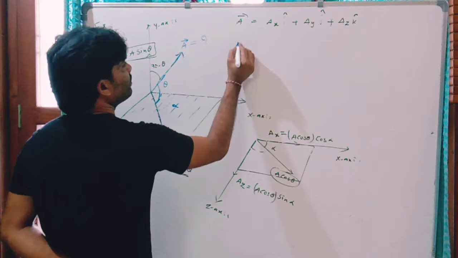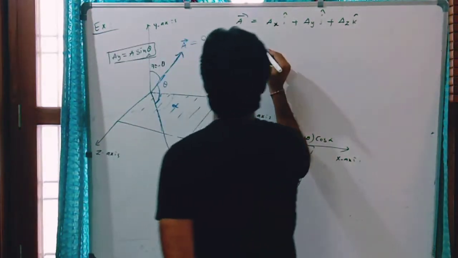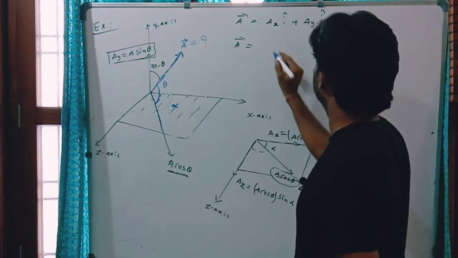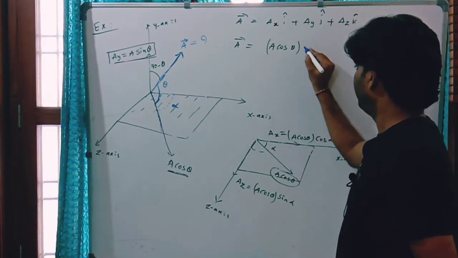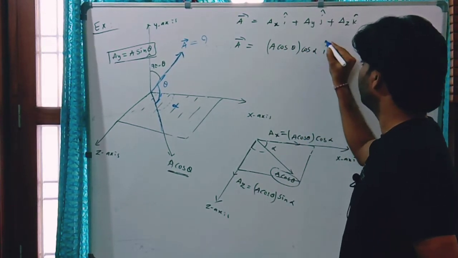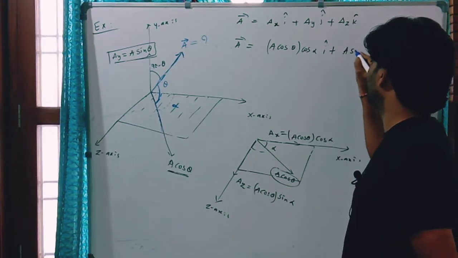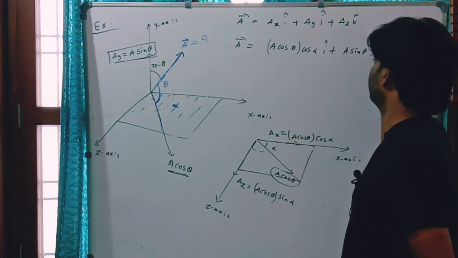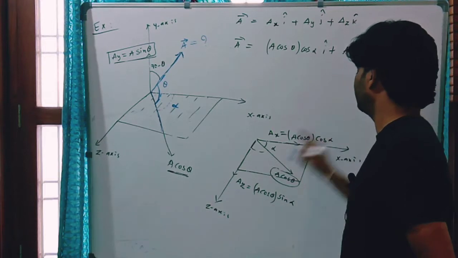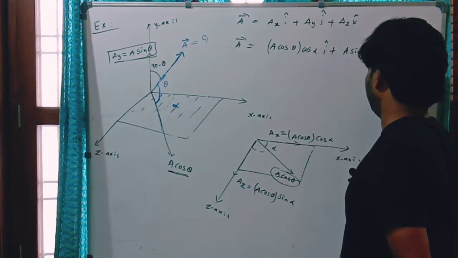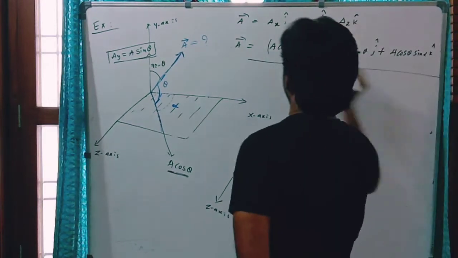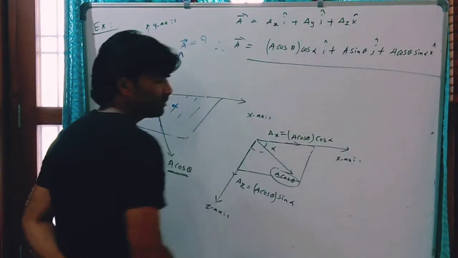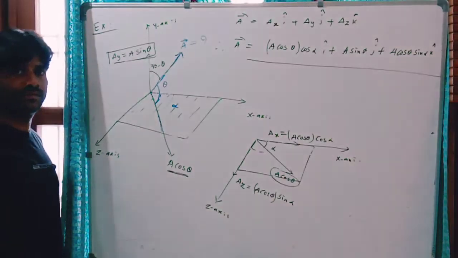So totally, the vector a is now: ax is a cos theta into cos alpha i cap, ay is a sin theta j cap, az is a cos theta into sin alpha k cap. That is the vector form. I hope you understood this.